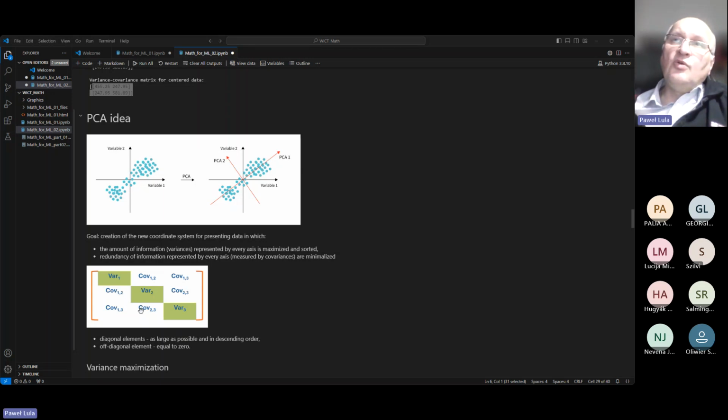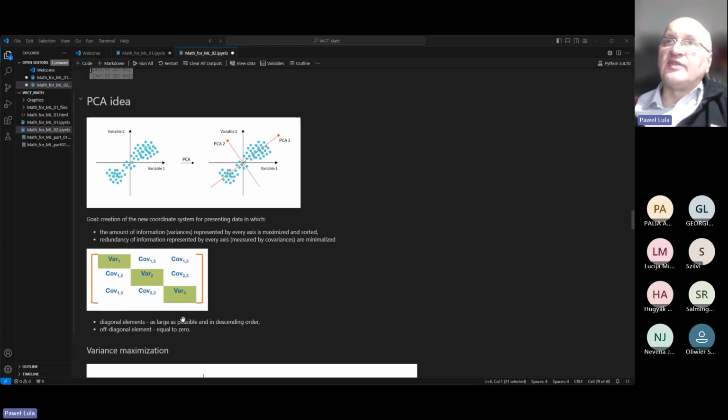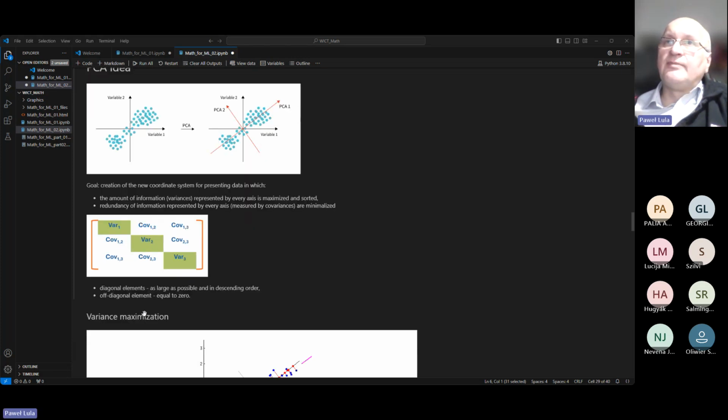So we are going to check what will happen with the covariance matrix after using eigenvectors as the basis for our data, as the directions which we will use for defining axes in our new coordinate system. What will happen with our variance-covariance matrix?